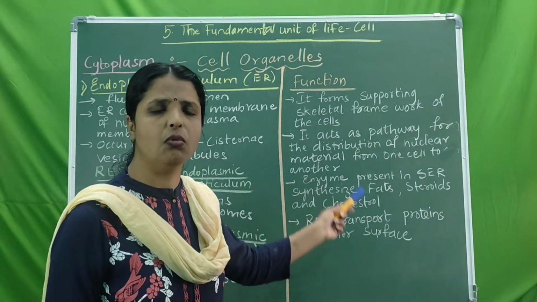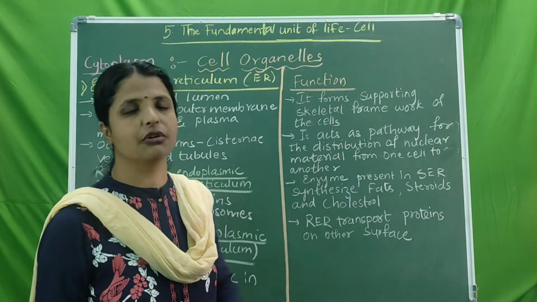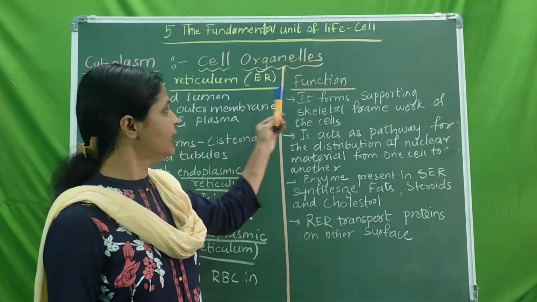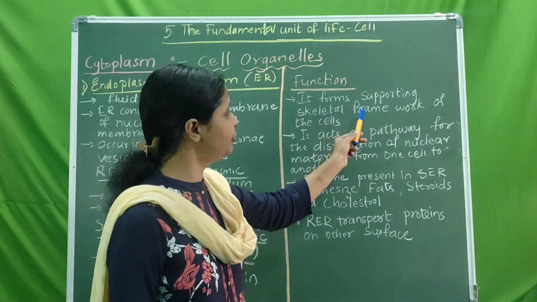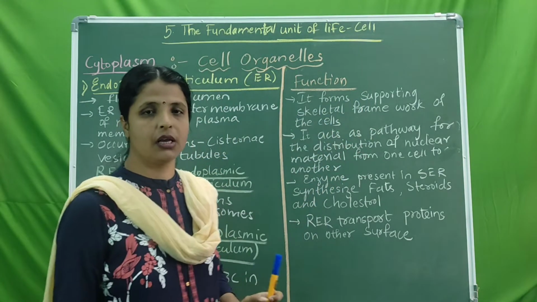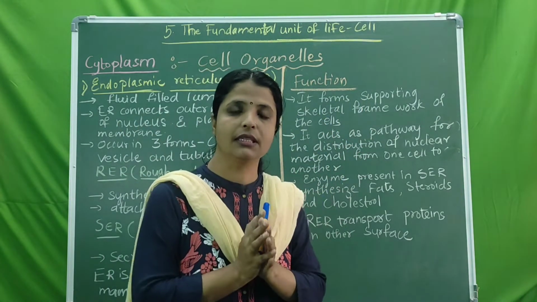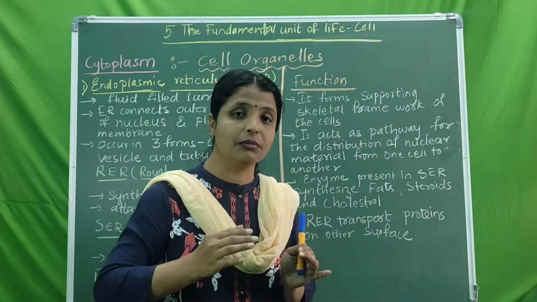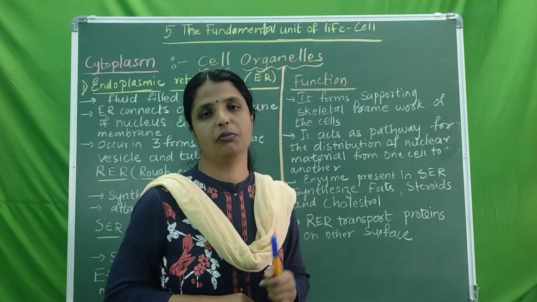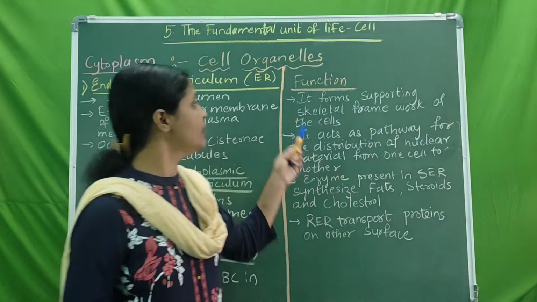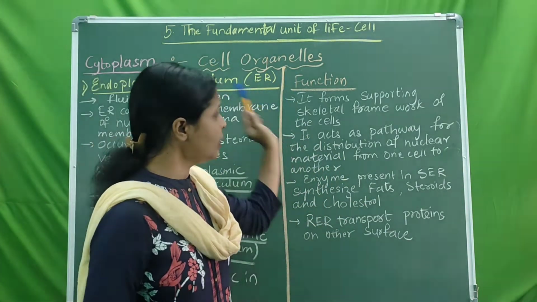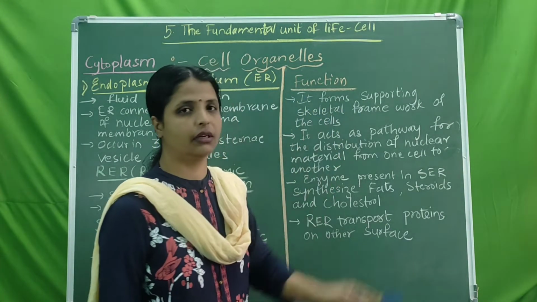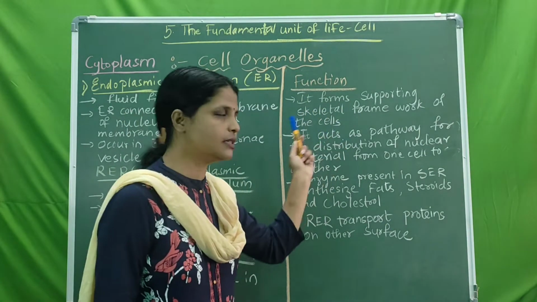So let us see now what the overall functions of the endoplasmic reticulum are. First one, it forms a supporting skeletal framework for the cells. Just as the skeleton system in our body supports our body and other organs, in the same way the ER, that is endoplasmic reticulum, acts as a skeletal framework, especially in the cells.